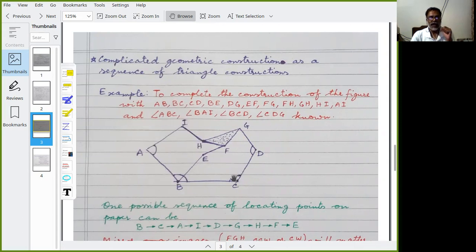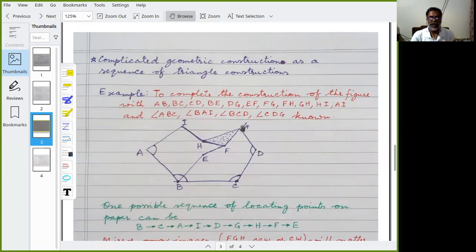And something else is this angle BCD. Making angle BCD and using the length CD, you fix D. Once you have fixed D, then you ask what else do I have? Angle D. So you make angle D and then fix G. That is why after fixing B, C, A, E, in this branch you stop and then go up on this branch, fix D, then G.